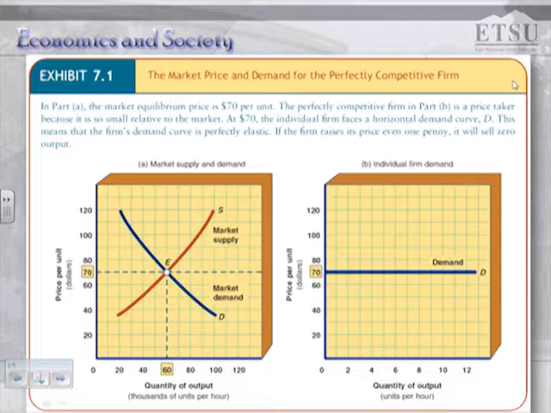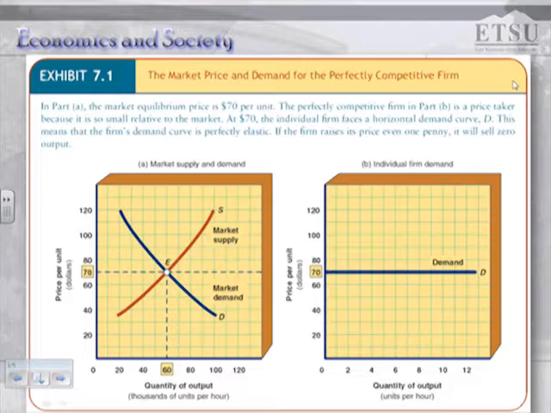And the reason for that is that if there are many, many producers, then the buyer can always find a producer that is charging the market price. So if someone tries to charge above the market price, remember the perfect information, we can't trick them into paying more than $70. And there's also no reason for them to charge less than $70.